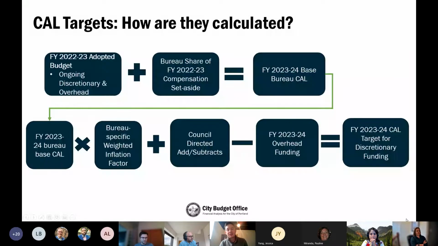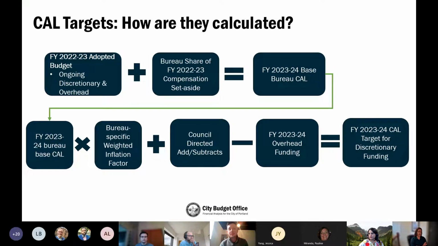And so how are Cal targets calculated? It's not the most complicated. You take the last year's adopted budget of ongoing discretionary and overhead, and then you add in the compensation set aside that was available last year. And that gives you the base for the current year Cal target number.